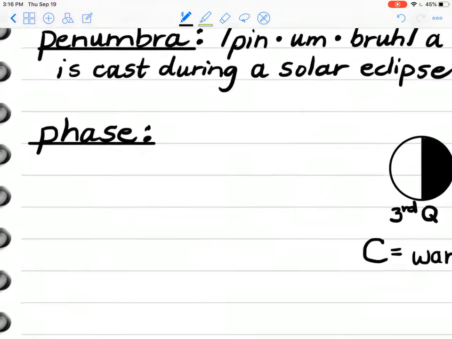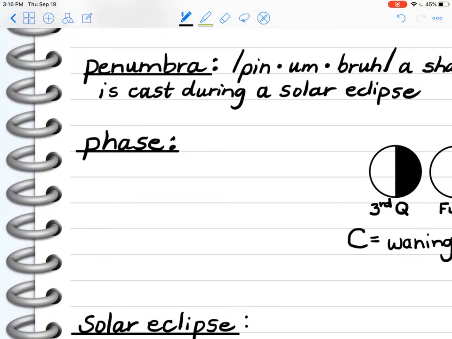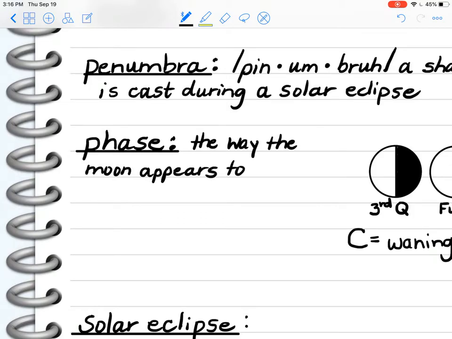Okay, the next one is phase. And phase is the way the moon appears to an observer on Earth. So if I walk outside tonight and I look for the moon, depending on the phase that the moon is in, it will look different each night.